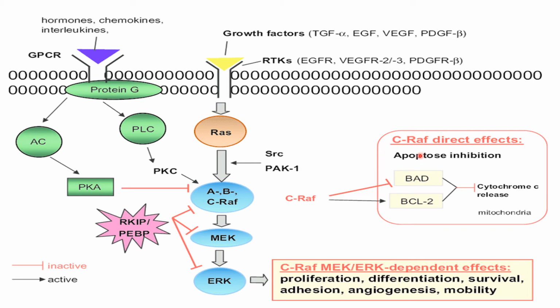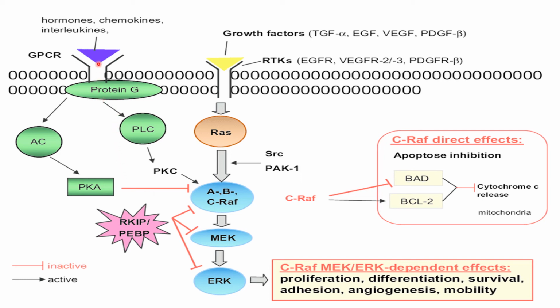Like here, in case of apoptosis inhibition, CRAF inhibits the BAD gene expression, and it increases BCL2, cytochrome C release, mitochondrial expression to increase the growth.